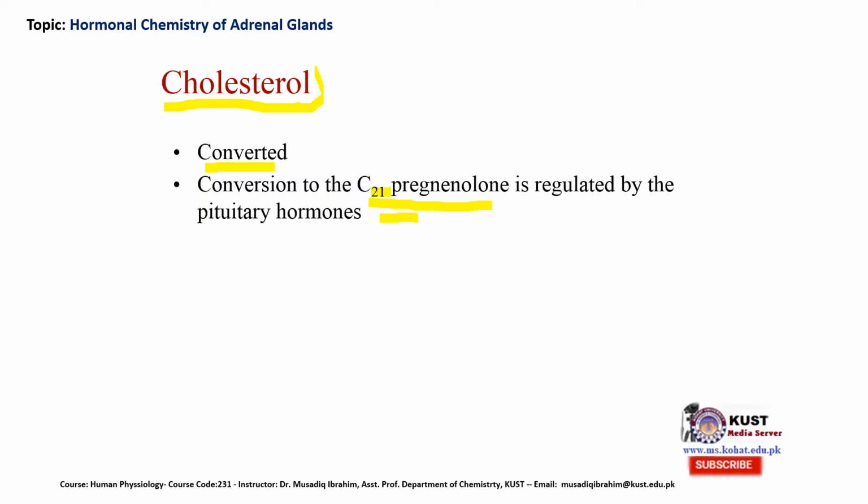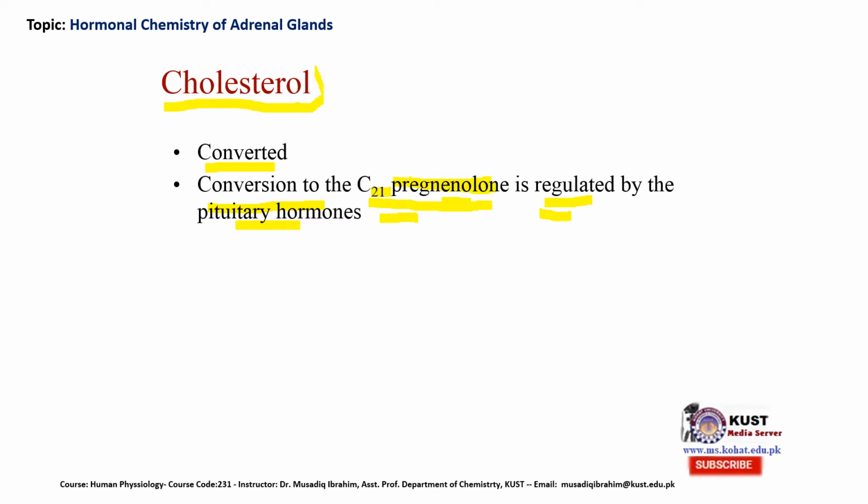And this pregnenolone synthesis is being regulated by the pituitary hormones. The regulation means that whenever there is less concentration of pregnenolone, then the pituitary hormones give signals to the adrenal glands to synthesize more pregnenolone.